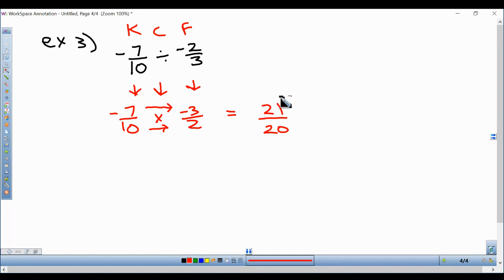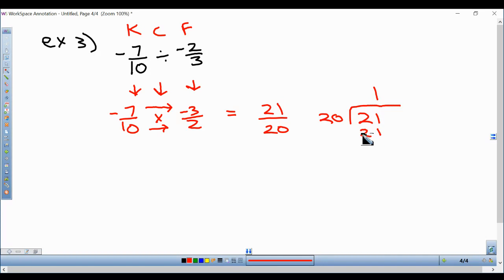But just like last problem, this is an improper fraction. So we must do top in, bottom out. Top number goes in the division house, bottom number on the outside. Some of y'all will be able to do this in your head. If you can't, top in, bottom out is a great way to do it. 20 goes into 21 one whole time, so that's my whole number.